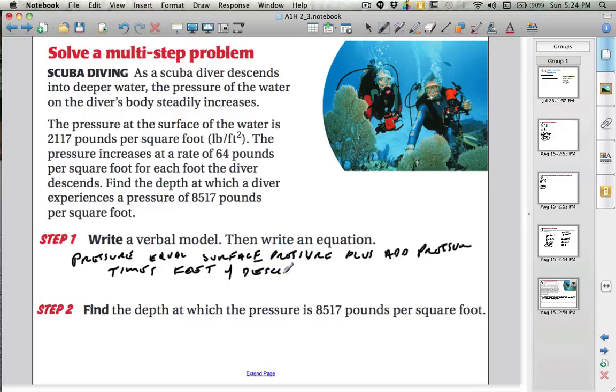Okay, so I apologize for my bad handwriting, but you get the idea. The pressure at any given depth will equal the surface pressure plus the additional pressure times the number of feet of descent.